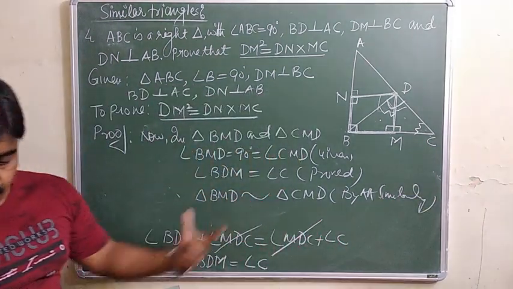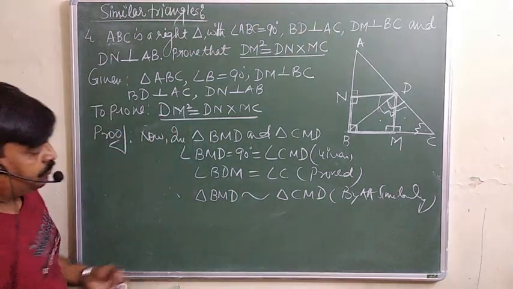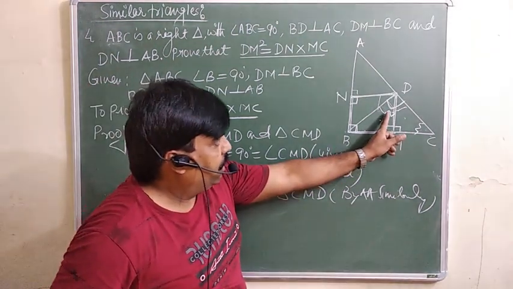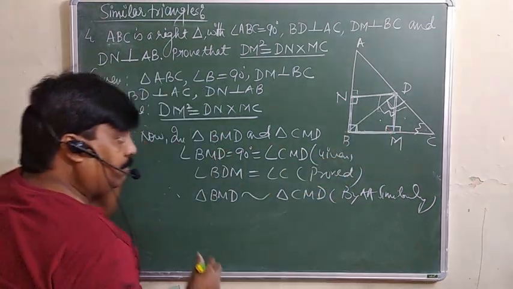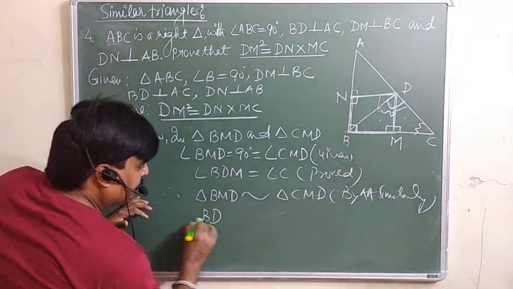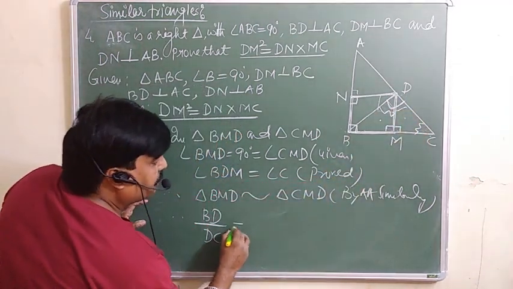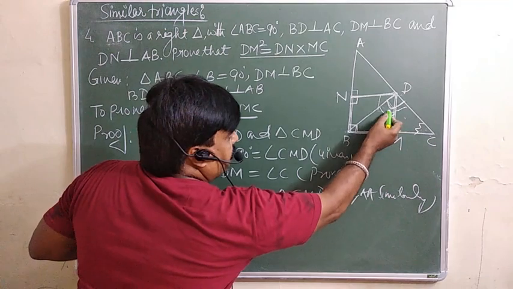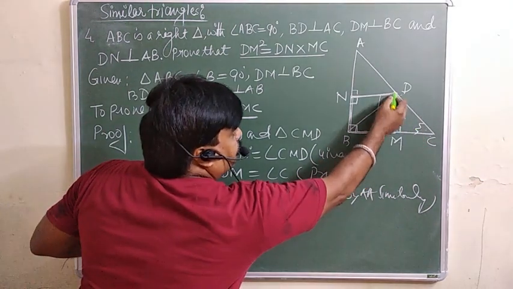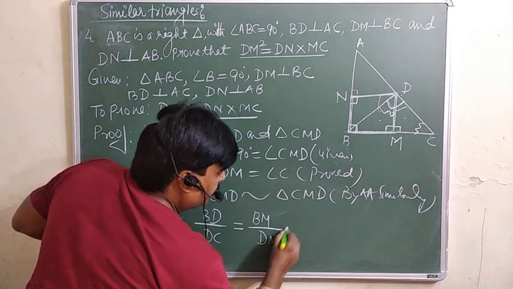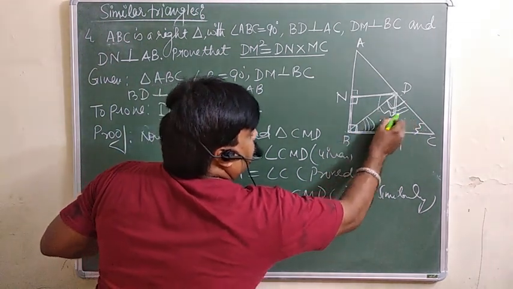And once these two triangles are similar, then you can say the ratio of the corresponding sides will be equal. Now you can take this triangle. This 90 opposite side in triangle BMD is BD, and this 90 opposite side is DC, equal to this angle opposite side is BM and this angle opposite side is DM, equal to, now third angle automatically will be equal, this angle will be equal to this one.